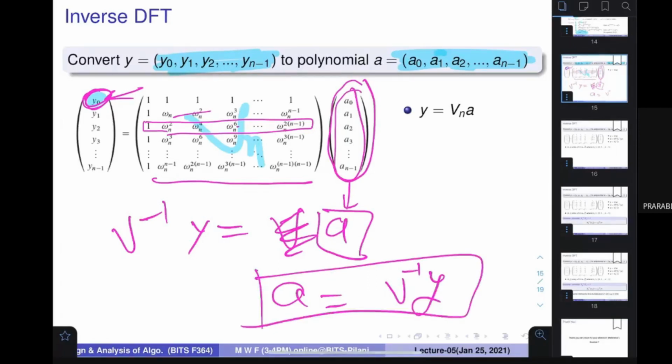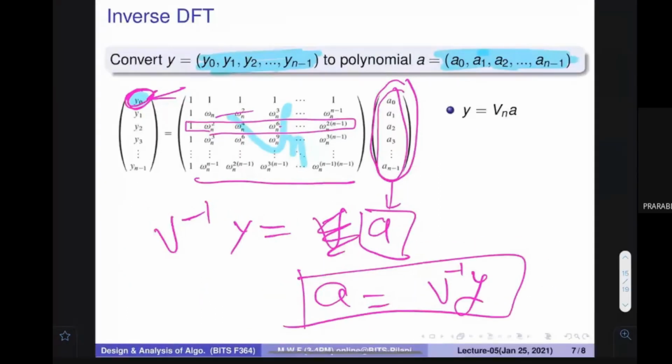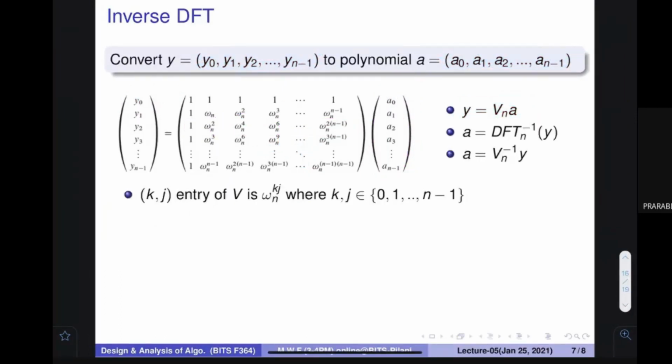So essentially this is the condition, and you want to find out the inverse of the DFT. It is just finding out the inverse of this thing, then you can definitely find out a. So the very important thing is this characteristic of this matrix, that if you want to see at any kj point, what is the entry?